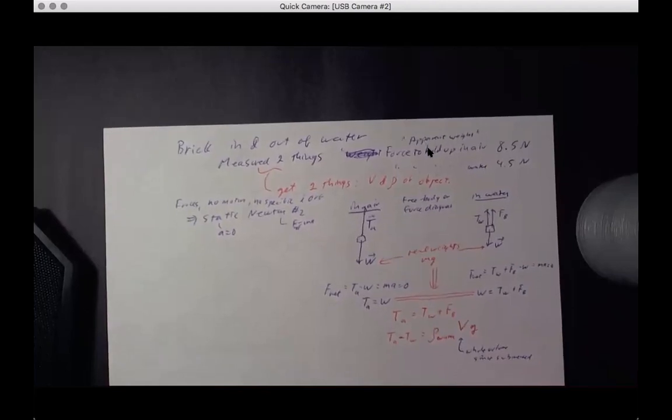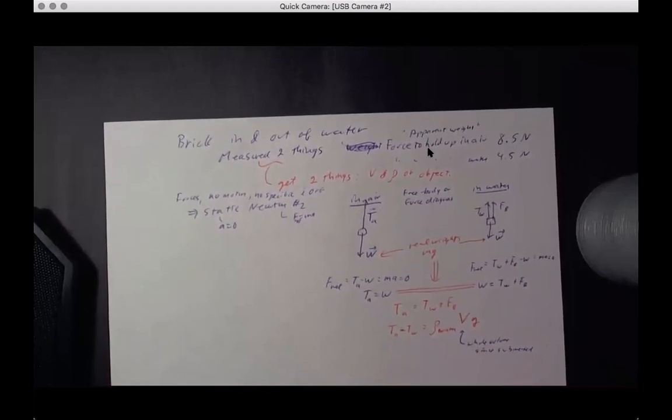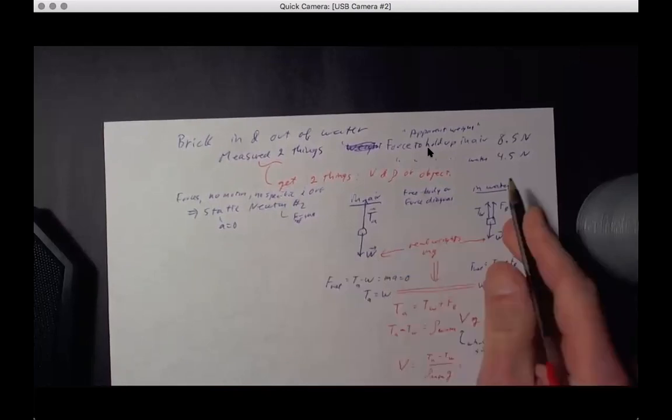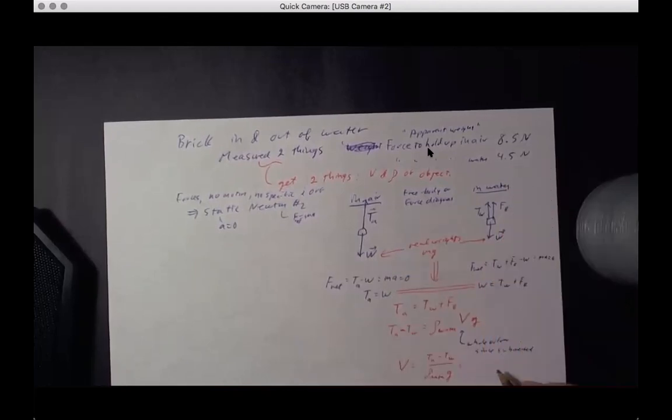And so I can get the volume directly from this, right? Volume is equal to the T air minus T water over rho water G, which is 8.5 minus 4.5. I can write it out, 8.5 minus 4.5.